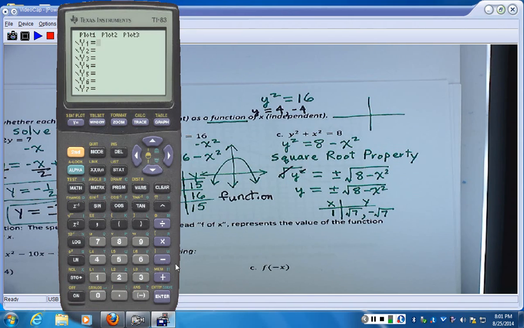I can do positive square root of 8 minus x squared, and that's what it looks like. Looks like an ellipse or something. And that's only half of it. The other half is negative square root of 8 minus x squared.